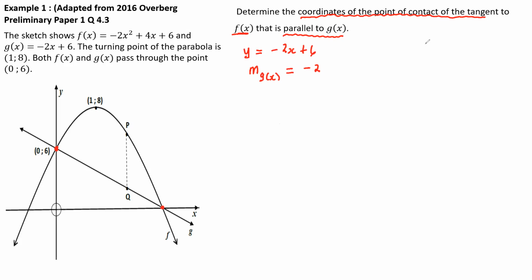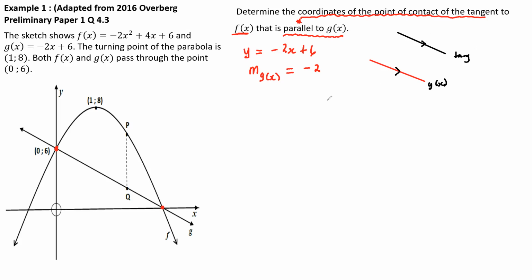We are told that the tangent is parallel to g of x, meaning we need to understand the implication of the word parallel. So I've got my g of x somewhere here. Let me just visualize this. Then on the other side, I have my tangent, let me just put it here as an example. I'll call this g of x and I'll call this the tangent. I'm just visualizing. They are parallel.